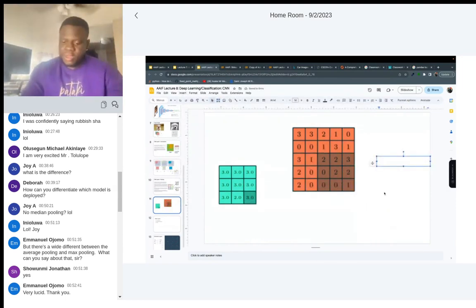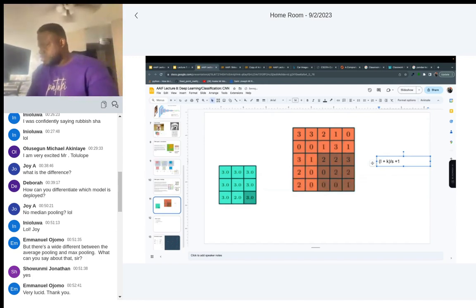The calculation is I minus k over s plus 1. Sorry, I'm going to explain this formula to you. As an engineer, we should know what it is. You can be asked in an interview.